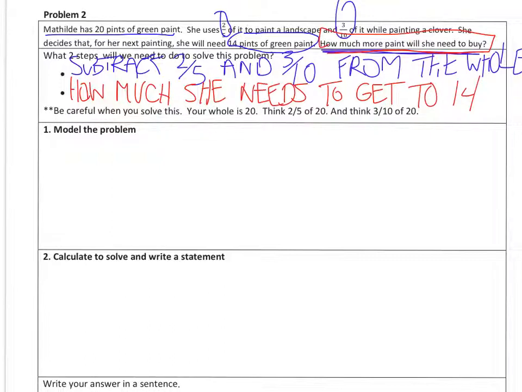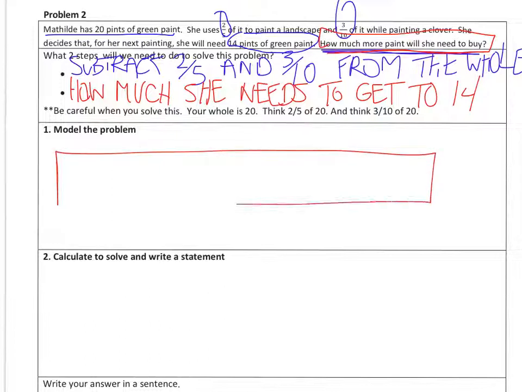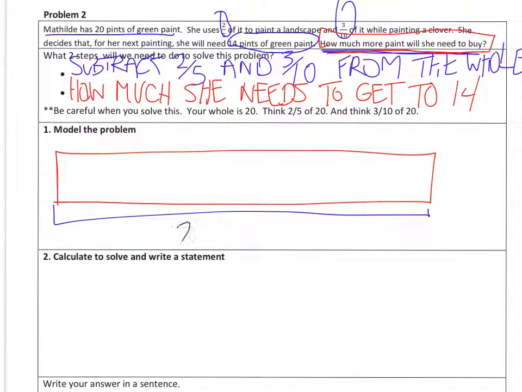All right, so let's model the problem. So our whole is 20. The whole we have is 20 pints. Because when we're talking about 2/5 and 3/10, we're talking about 2/5 of 20 pints, or 3/10 of 20 pints. So, got our tape diagram. So the whole, this whole thing, is 20 pints of paint.